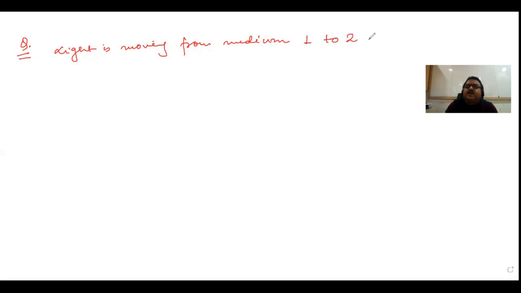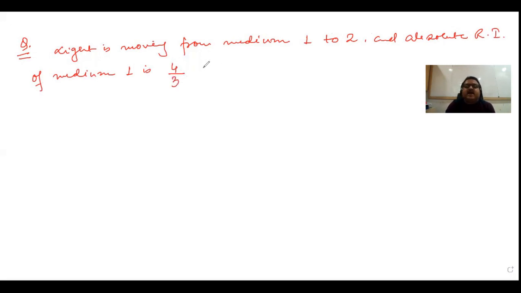The absolute refractive index of medium 1 is, say for example, taking an arbitrary example, 4/3.